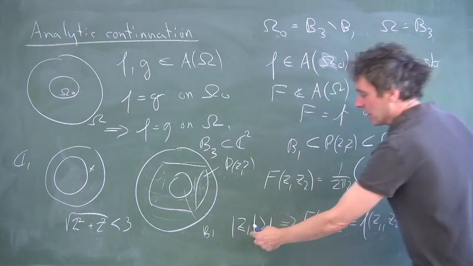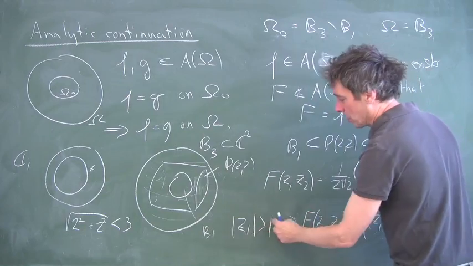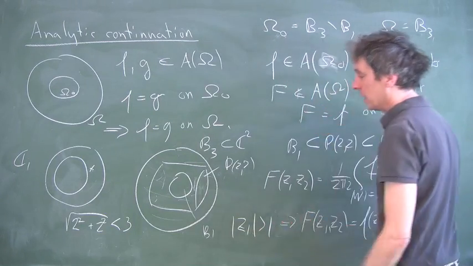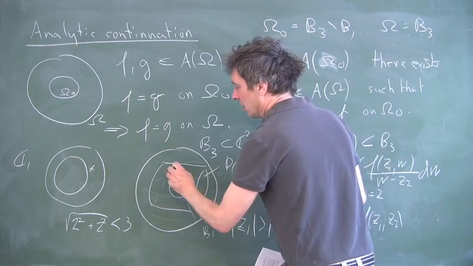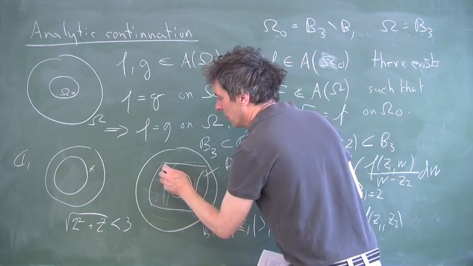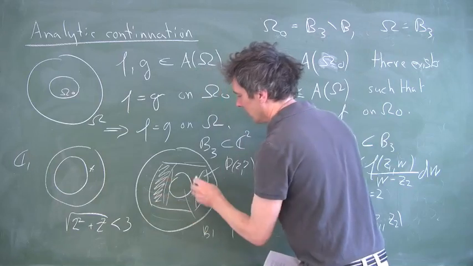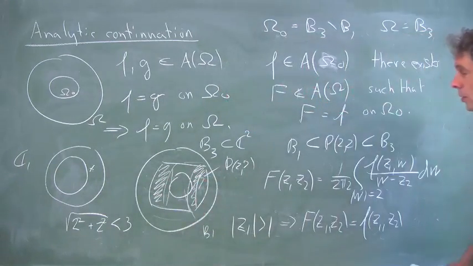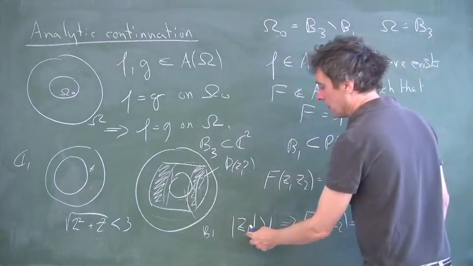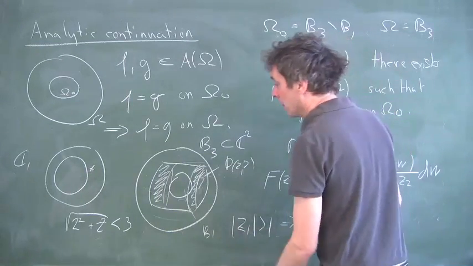Okay, and the set of points in the polydisk where this condition is fulfilled is obviously an open subset. You can actually write it schematically something like this here now. In those parts, the absolute value of Z1 will be larger than 1.